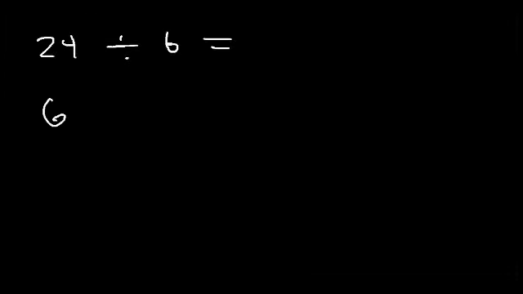So let's try another example. What is 24 divided by 6? So 6 times what number is equal to 24? Hopefully you have your multiplication tables memorized at this point. But take a minute, see if you can figure this out without the use of a calculator.